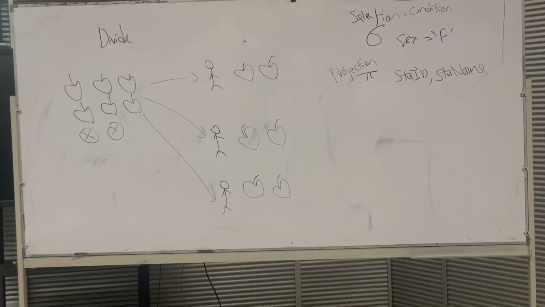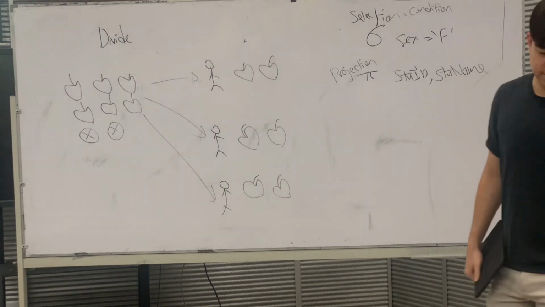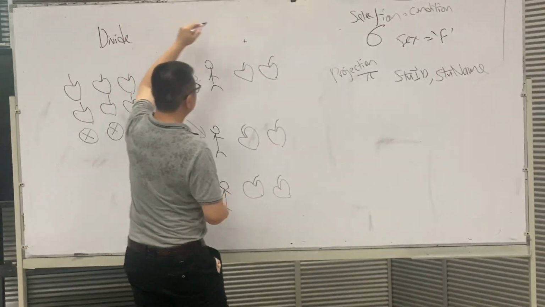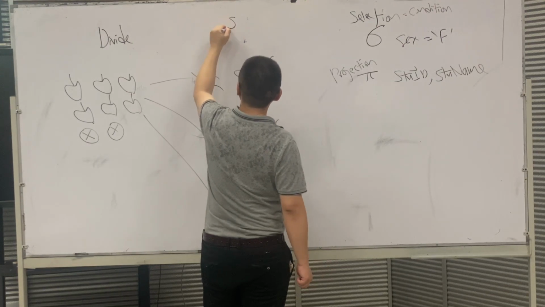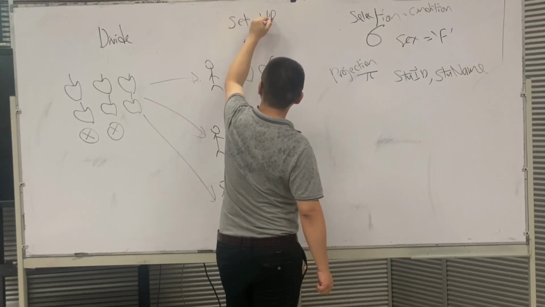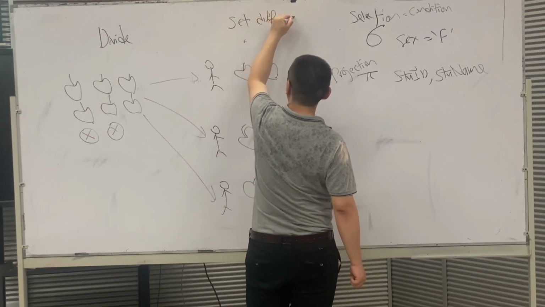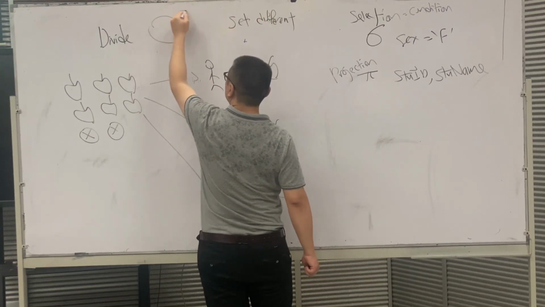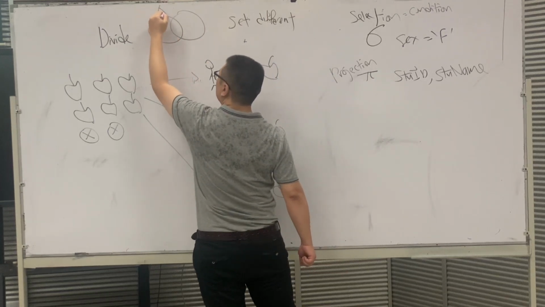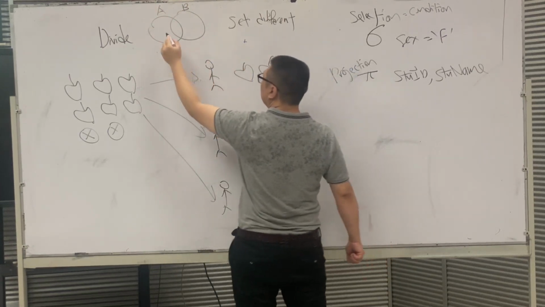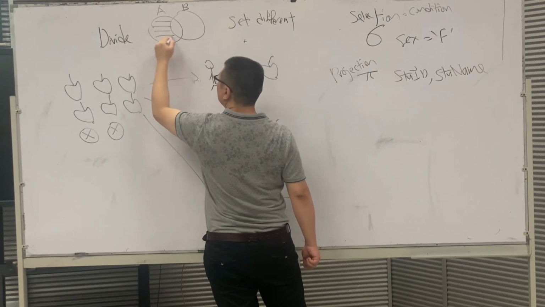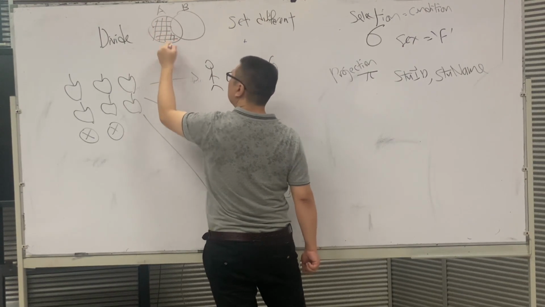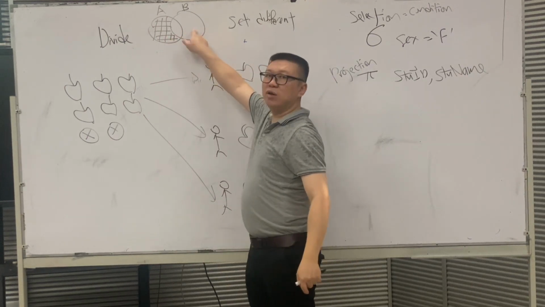Normally I think you learned this in the previous semester. Set difference is in A, not in B. Like for example, this is A, B. For set difference, I only want A; the intersect I don't want, and B I don't want.